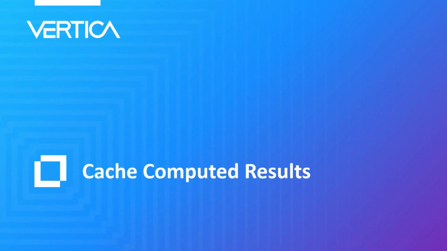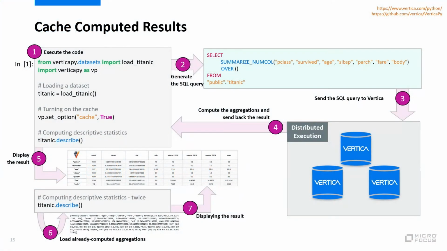And one other thing that you can also do, because when you compute aggregations, you will use these aggregations for multiple things. It can be for statistical tests. It can be for graphics. For example, when you draw a bar chart, you are computing some aggregation for that specific bar chart. And what can be interesting is to cache the information. So in VerticaPy, you also have a way to cache the aggregation directly in the system.